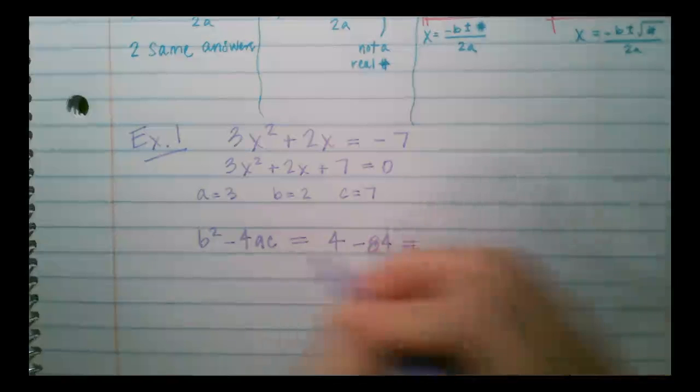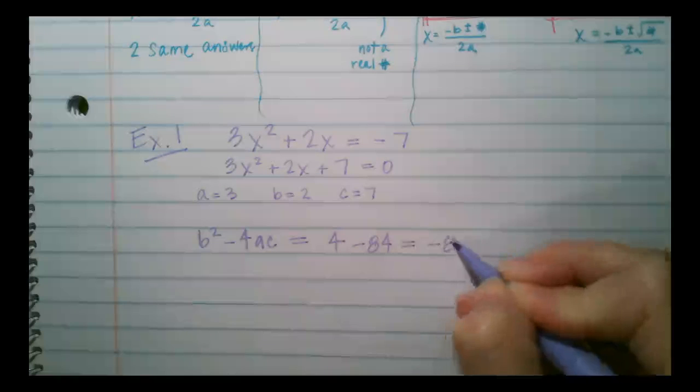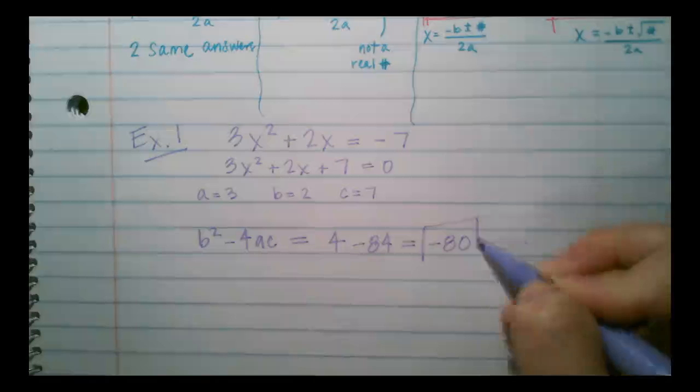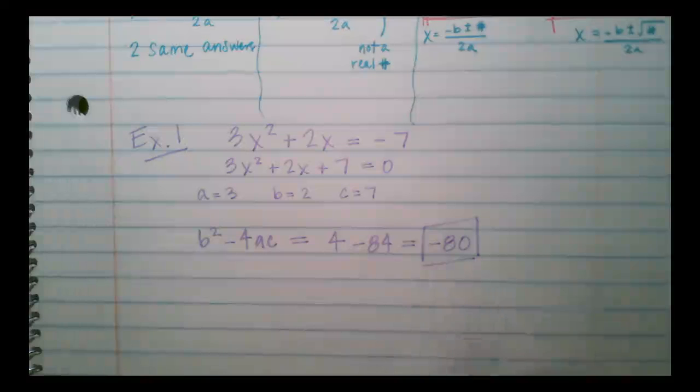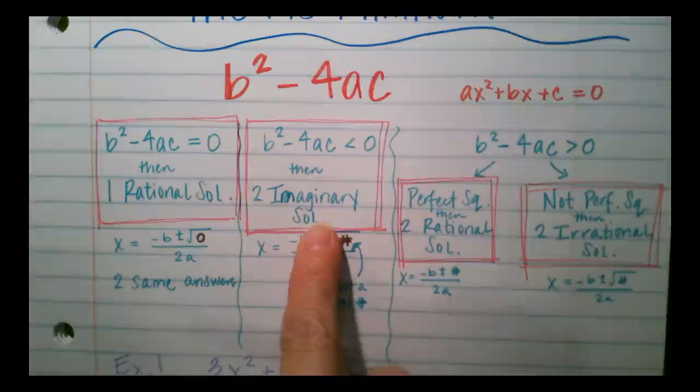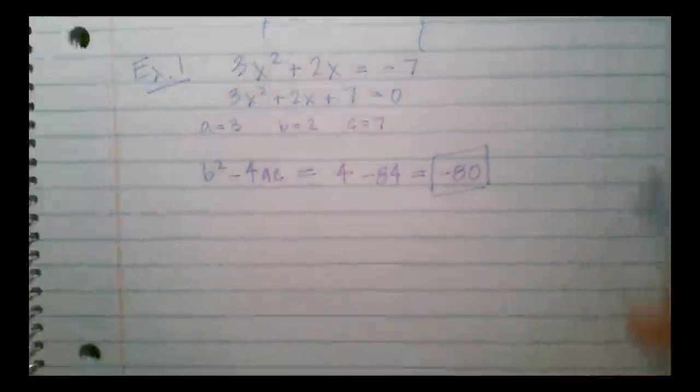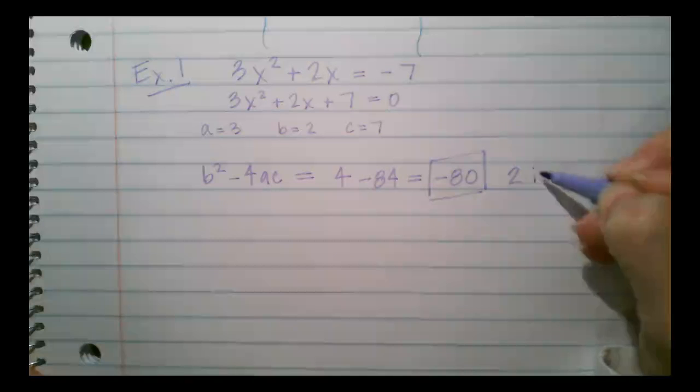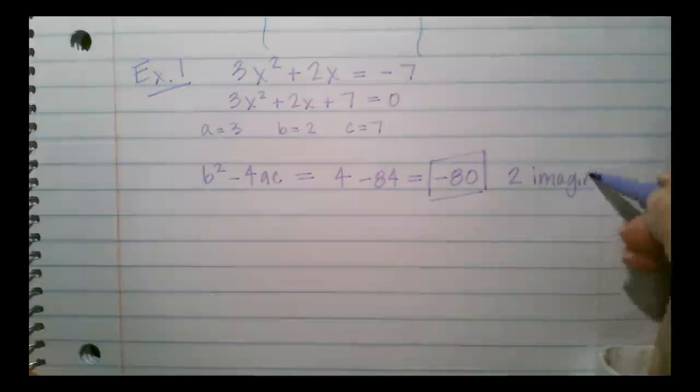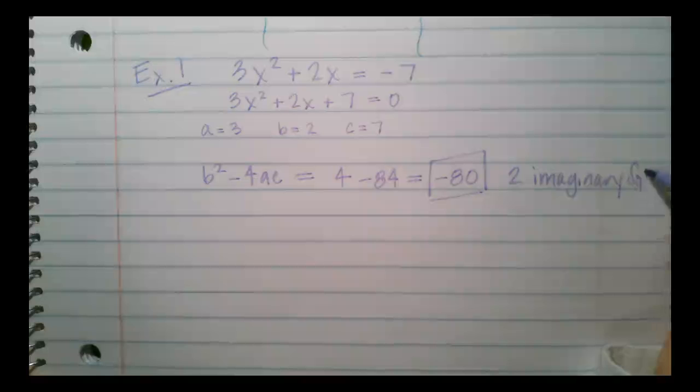So when I work this out, I get an answer of negative 80. So that is the value of the discriminant. What it means, since I got a negative, is that I'm going to have two imaginary solutions.